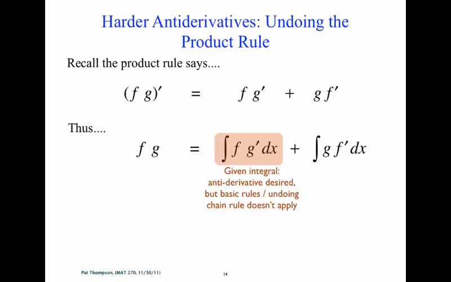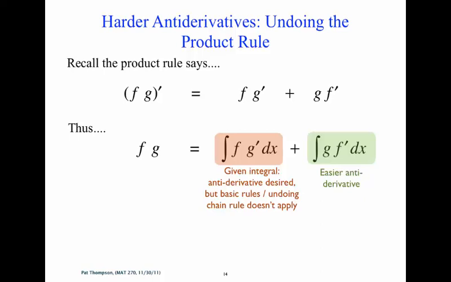Okay, so it's not just a simple antiderivative. It's not the derivative of something we know, and undoing the chain rule doesn't work. Okay, but if this technique works, then this other one is an easier antiderivative. Like it just requires just a basic rule or undoing the chain rule.